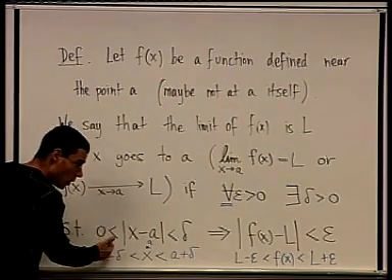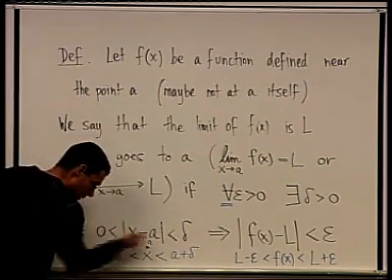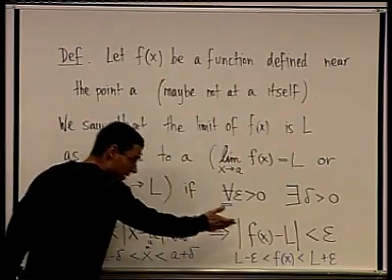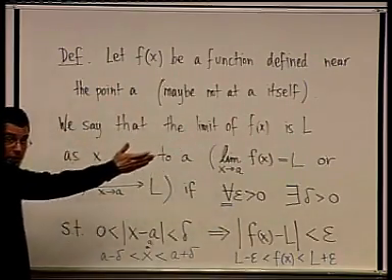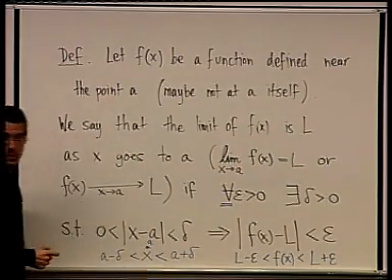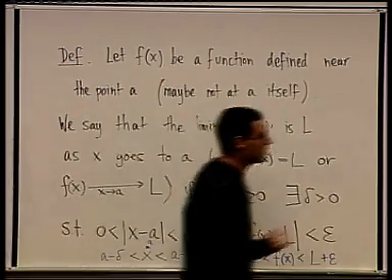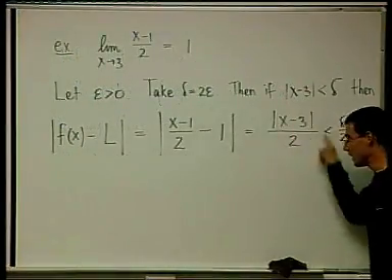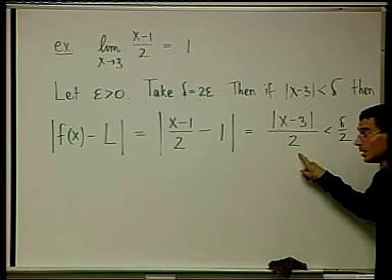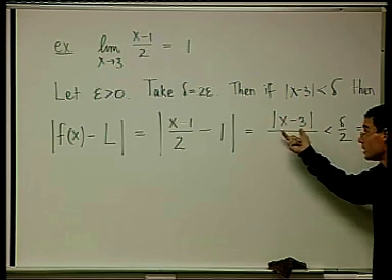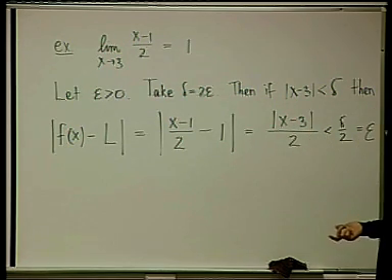This should allow us to handle |f of x minus L|. We want it to be less than epsilon by controlling |x minus a|. Going back to the example, this is what we got for |f of x minus L|. If |x minus 3| is less than 2 epsilon, then |x minus 3| over 2 is less than epsilon.